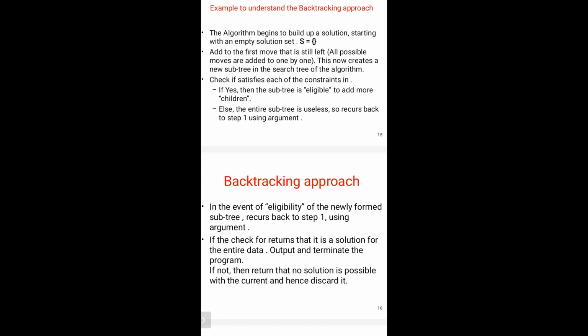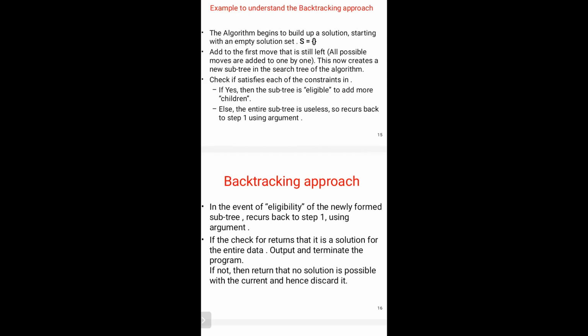So in the backtracking approach, these are the steps. In the event of eligibility of the newly formed subtree, we apply recursion back to step 1 using the argument.